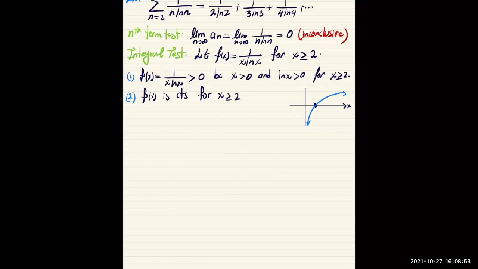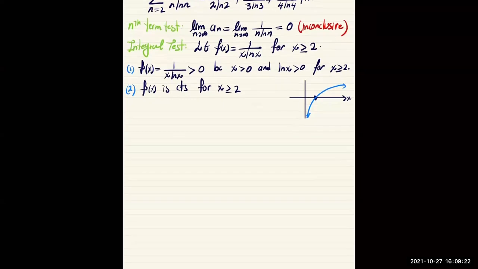The numbers that would make this undefined would be 0 and negative, and none of that is in this interval. Ln is a continuous function on 2 to infinity, and 1 over x is also continuous because 0 is not in that interval. Just mention it. There's nothing crazy to prove.